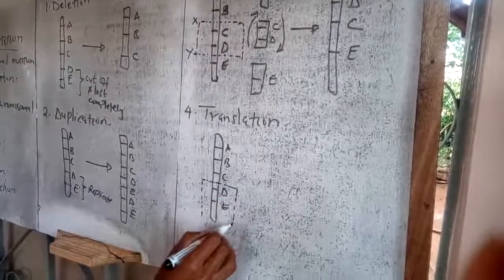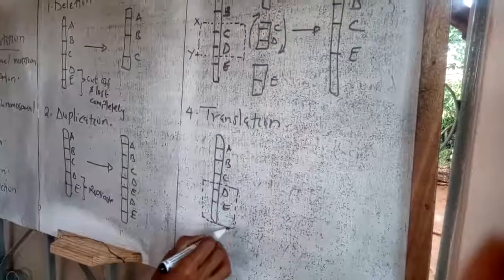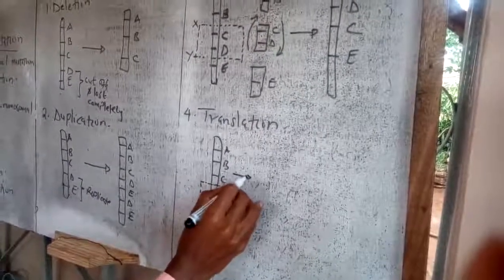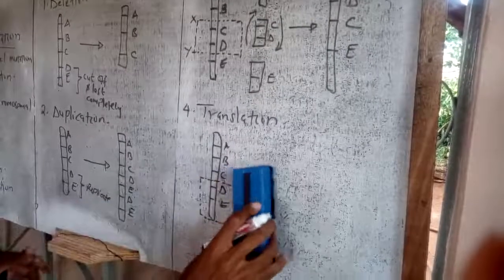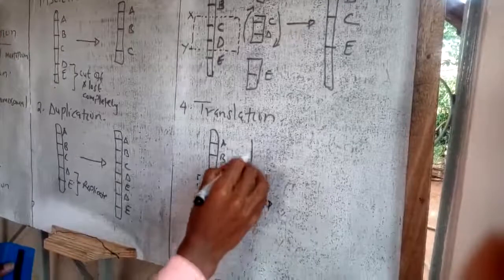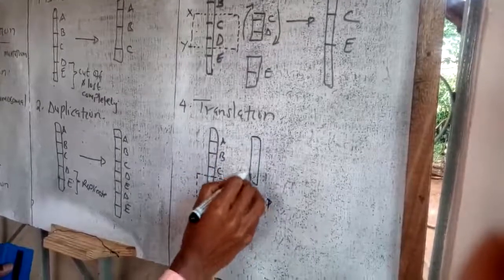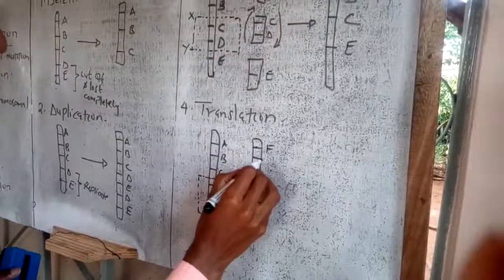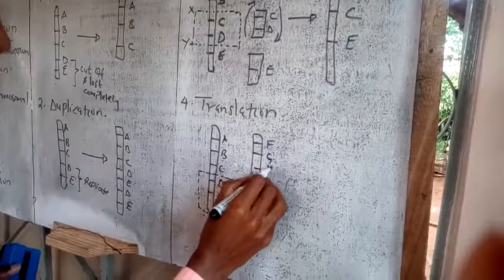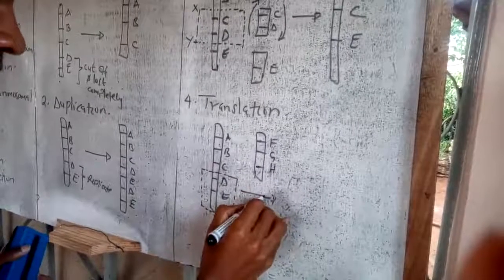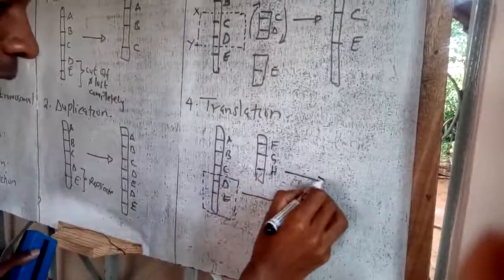And therefore, after this portion breaks off, it will become connected. I can write an arrow here. It will become connected to a different one. I can have F, a non-homologous pair, F, G, H, and therefore it will become connected to it, and therefore what will be the final one?